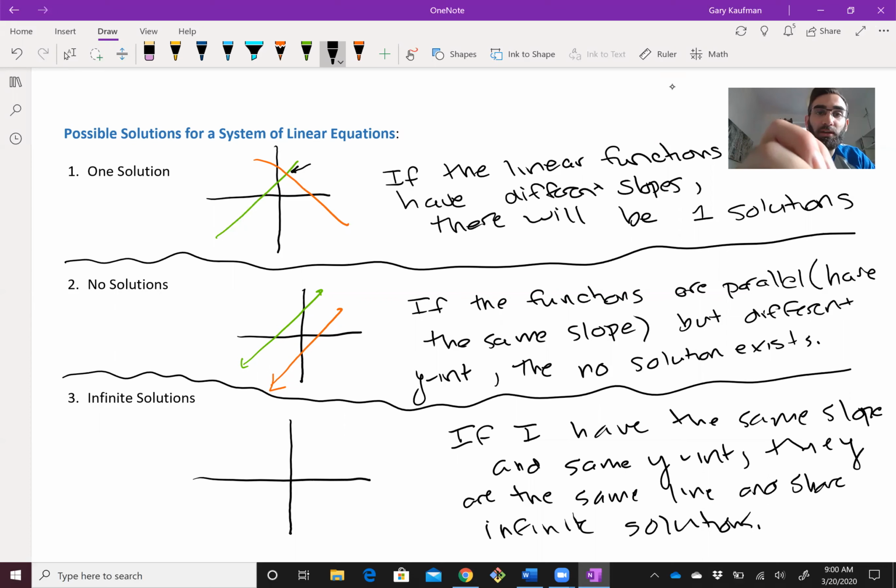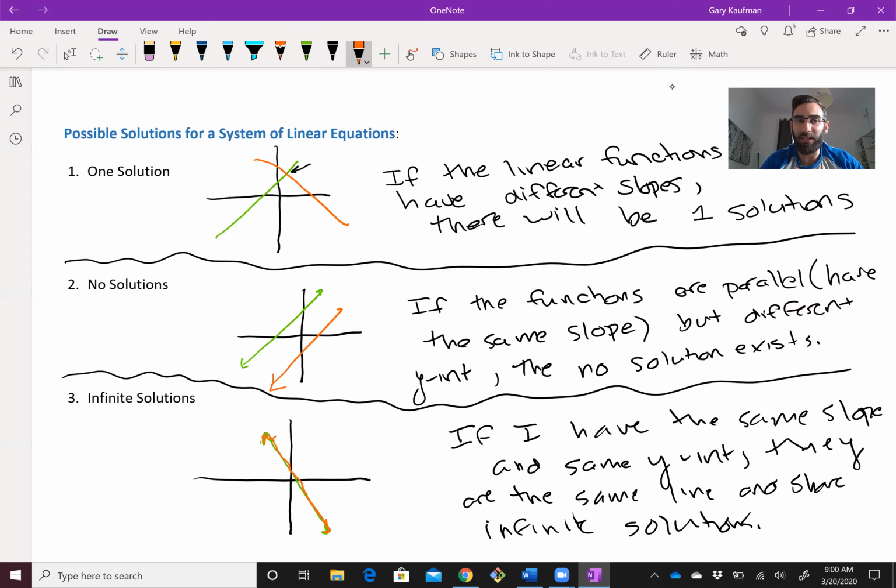If we think about it, here's my green one. If my orange one has the same slope, same y-intercept, it's just going to land right on top of the green one. So the two lines are on top of each other, which means they intersect infinitely.